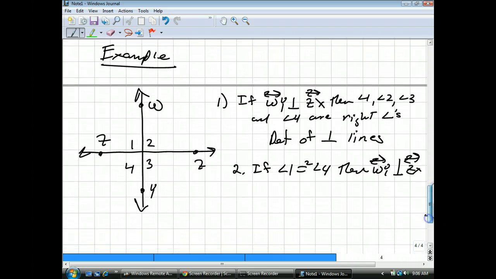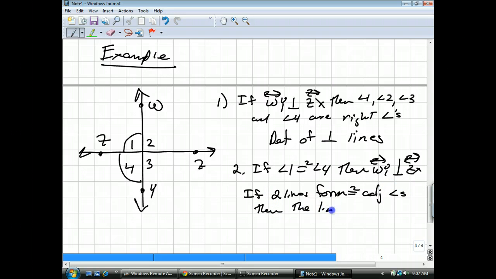What allows me to come to that conclusion? By knowing that this angle is congruent to this angle, it's the theorem that says if two lines form congruent adjacent angles, then the lines are perpendicular.